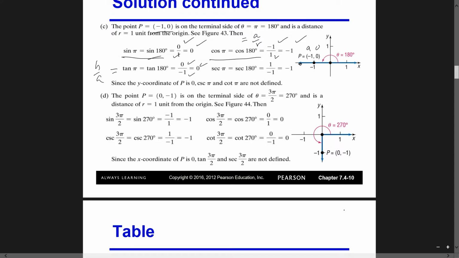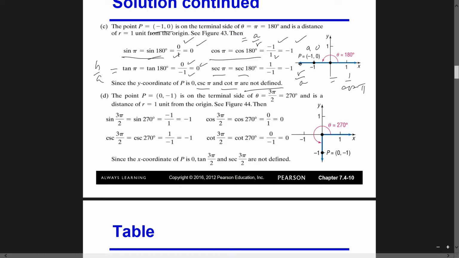And then secant of pi, secant of 180 degrees, is equal to 1 over cosine of pi, which is minus 1. It's also equal to r over a, which is minus 1. Notice then that cosecant of pi and cotangent of pi are not defined because you would be dividing by 0.